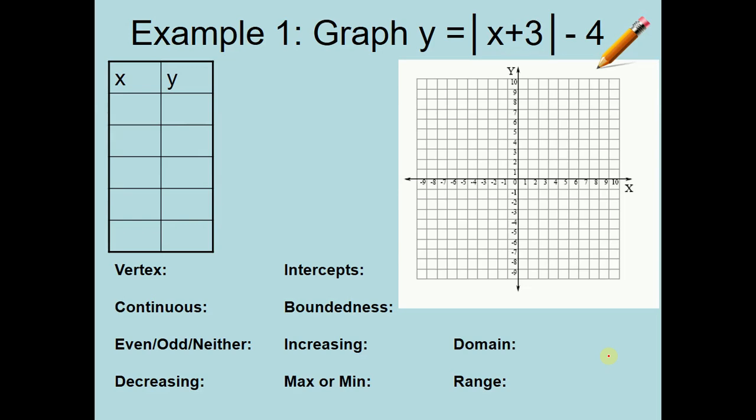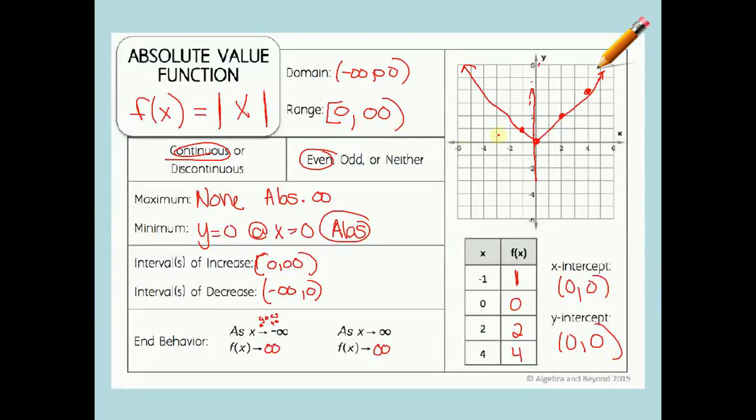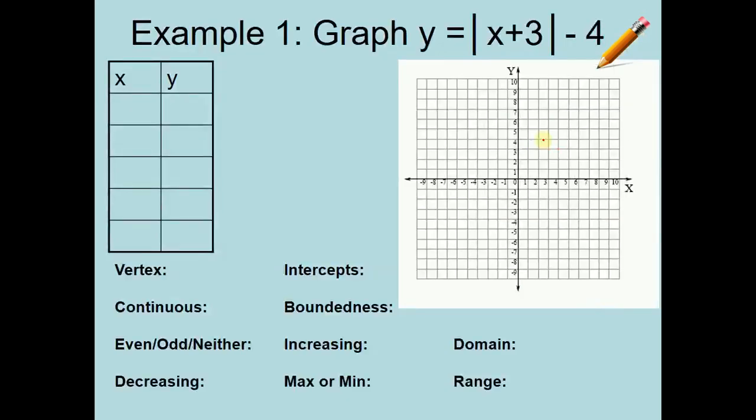So the very first thing you're going to want to do is find what's known as your vertex. Your vertex was right here. Basically where the V starts. To find that, you're going to want to set whatever's in here equal to 0. So x plus 3 is equal to 0.